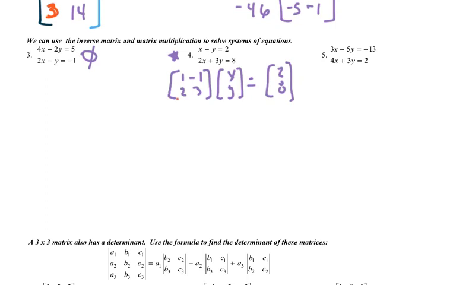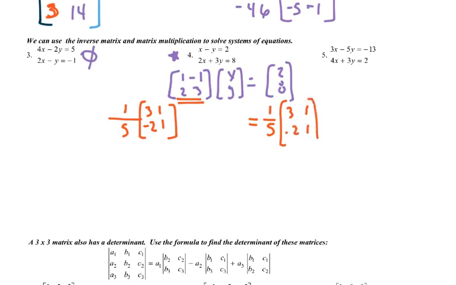So if I take this matrix here and find the inverse, it's going to be 1 over 3 minus -2, so 1/5, and then switch spots, switch signs, so 3 and 1 switch spots, and then 1 and -2. And the golden rule, you'll remember, of algebra is always do unto one side as you do to the other. So I'm going to multiply both sides by that inverse.